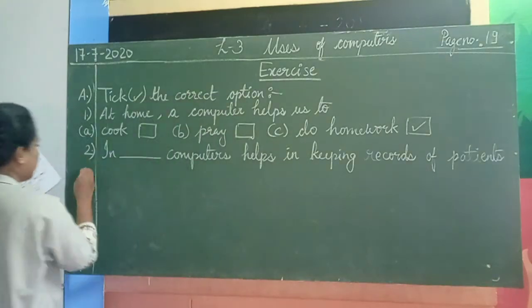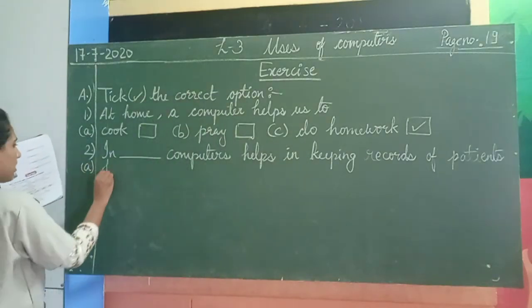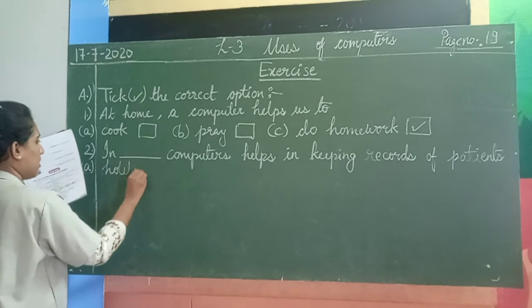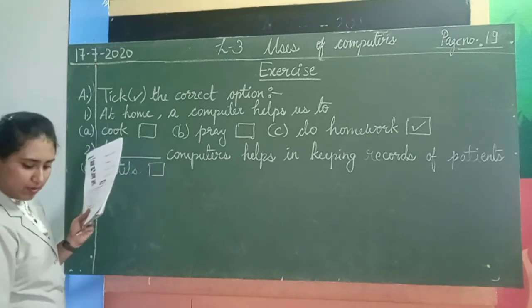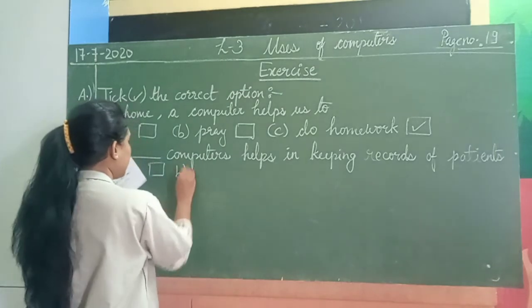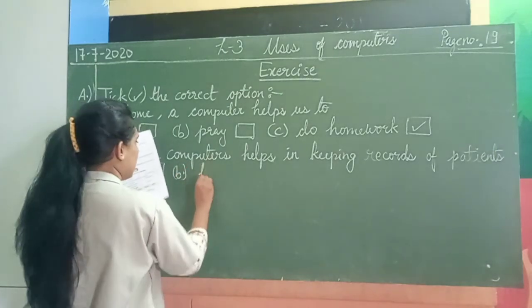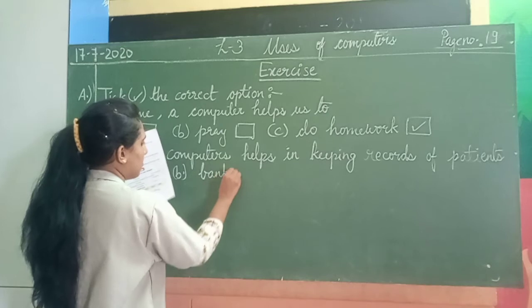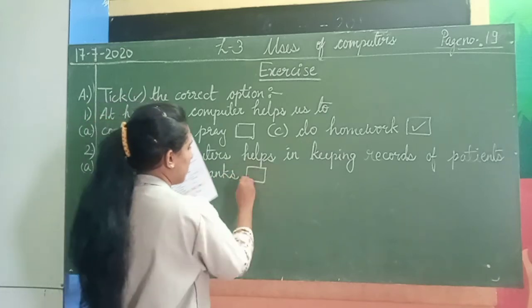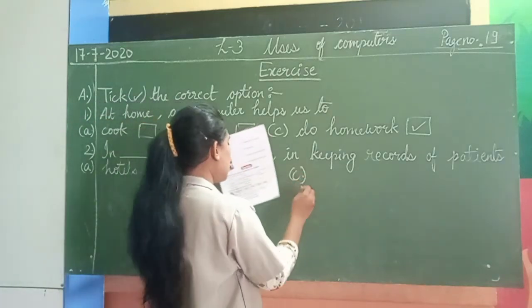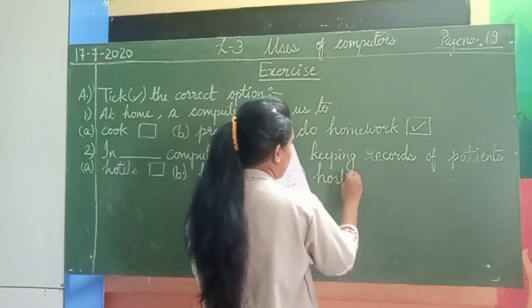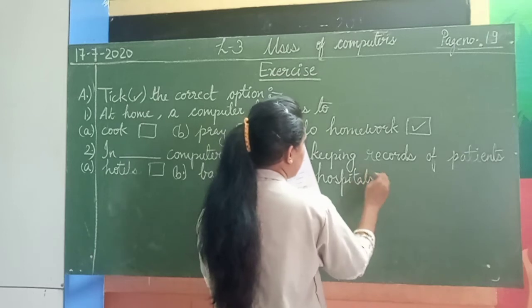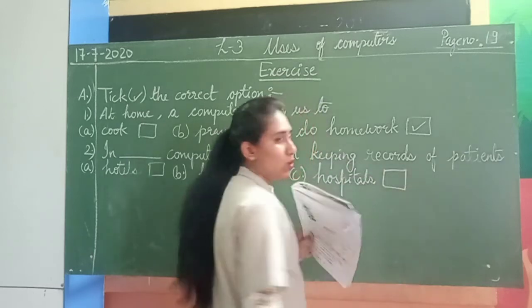So again there are 3 options. Option A, hotels. Option B, banks. Option C, hospitals. So what is it?